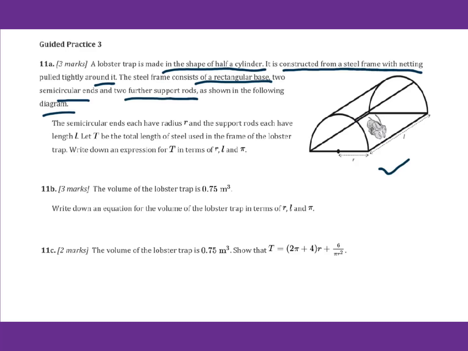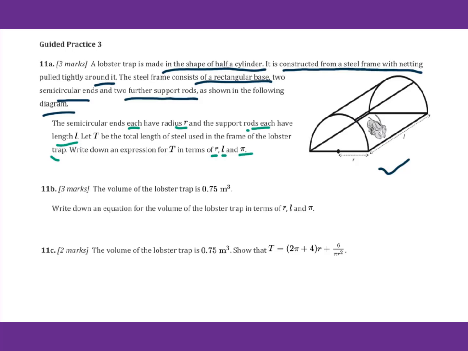The semicircular ends each have a radius r, and the support rods each have length L. Let T be the total length of steel used in the frame of the lobster trap. Write down the expression for T in terms of r, L, and pi.